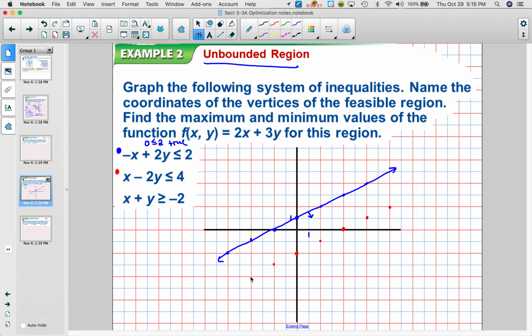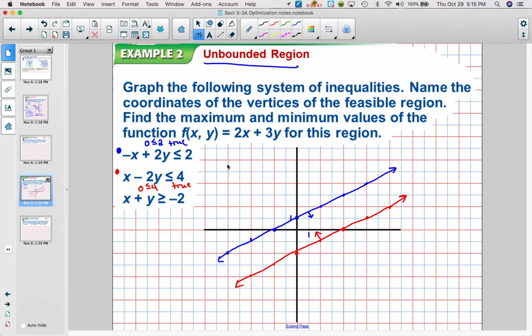So I'm going to fill in some points and draw my line. On this one, if I test 0, 0, I get 0 is less than or equal to 4, which is true. So I want to be on the side that contains 0, 0, which is this side.